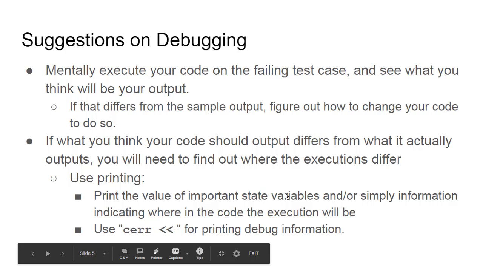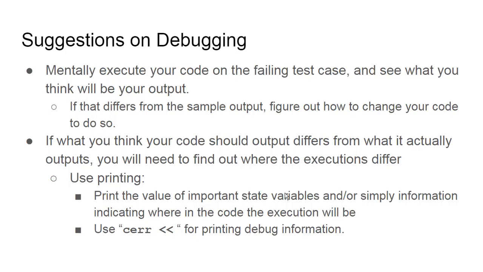Print the value of the important variables at different execution places, and make it clear which statement printed and what variable you printed. Make the printing information self-evident so you don't need to spend additional brain power figuring out what your printed state information means.